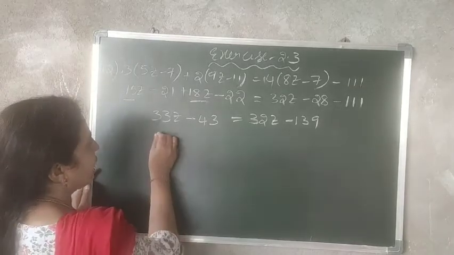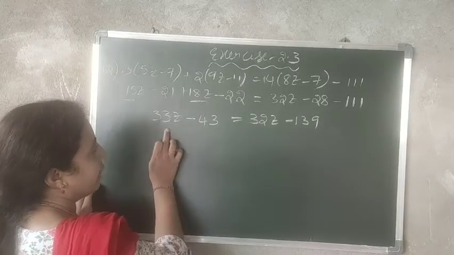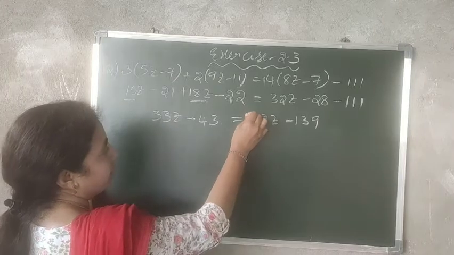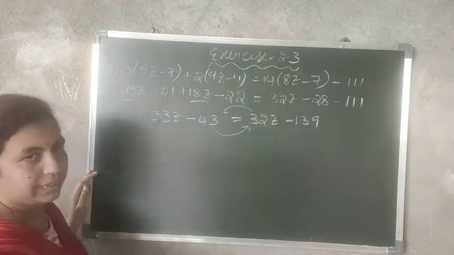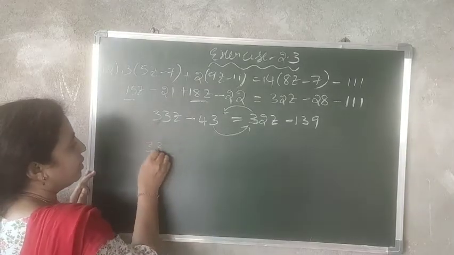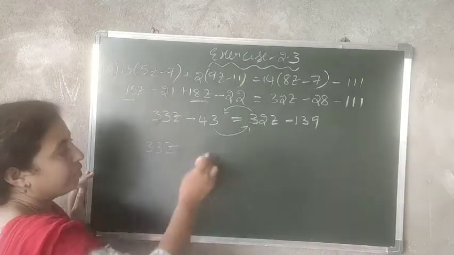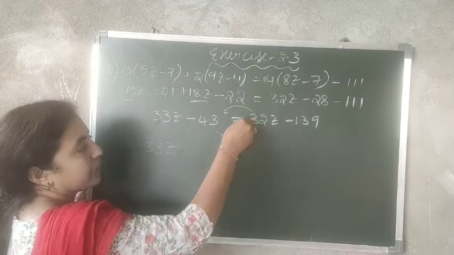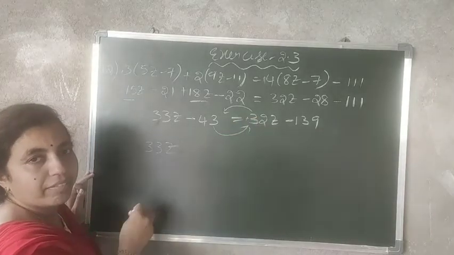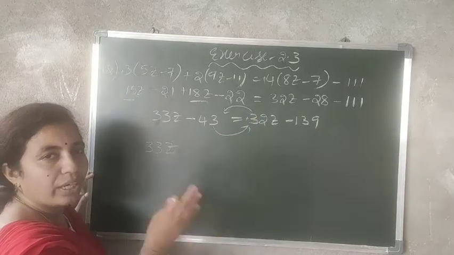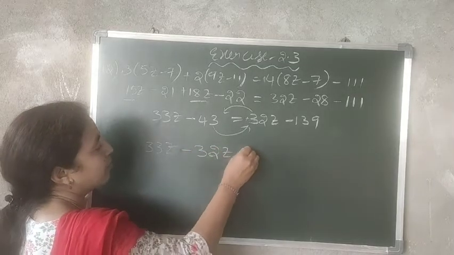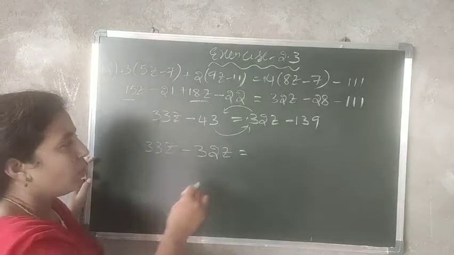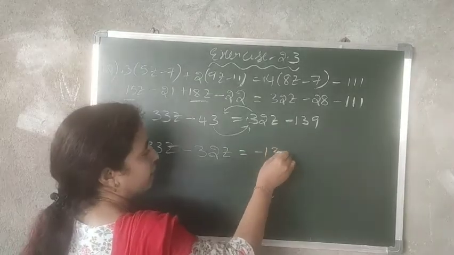Now see here, 33z is here itself, it will stay here. Bring this 32z here: it comes to this side and goes from the right hand side. Now 33z is already there, write it. And what you are bringing here has no sign, so it is plus 32z. When you transpose plus 32z to the left hand side, what will it become? Minus 32z. That is equal to, already we have a number here, minus 139.